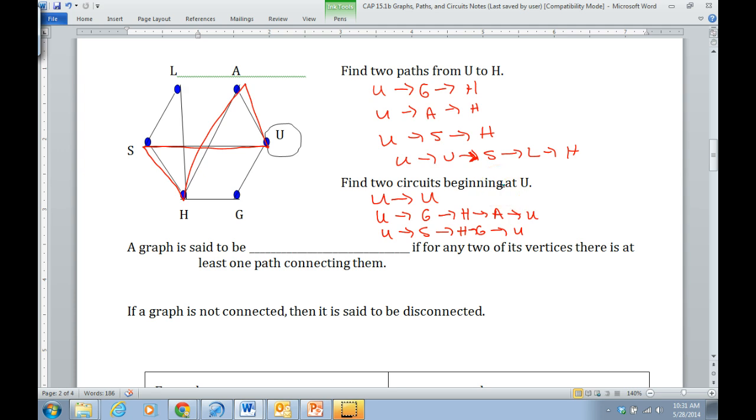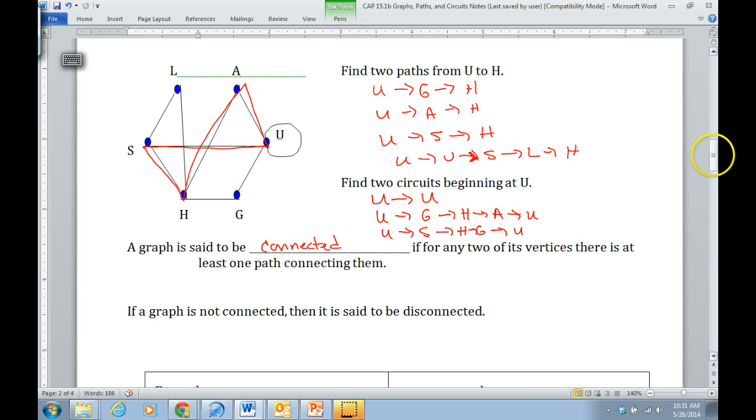Now we're going to switch gears a little bit, talking about connectedness. A graph is said to be connected if for any two of its vertices there's at least one path connecting them. Okay? So a graph would be connected if all of its vertices have an edge of some kind. If you have a point floating off by itself, it's not connected.